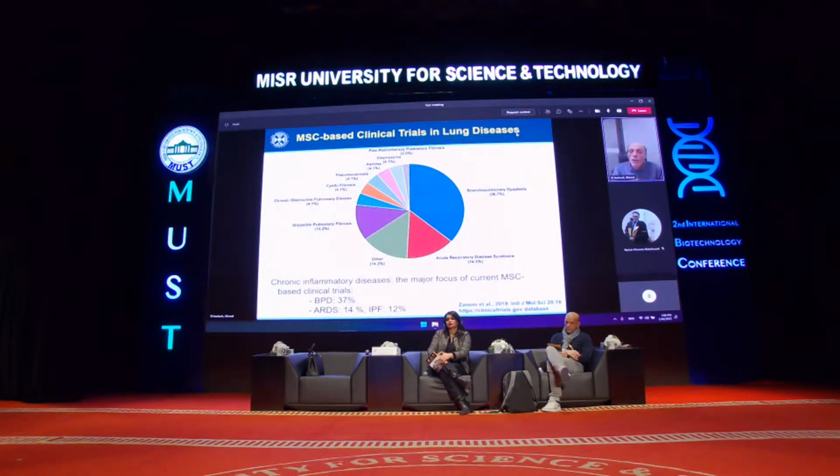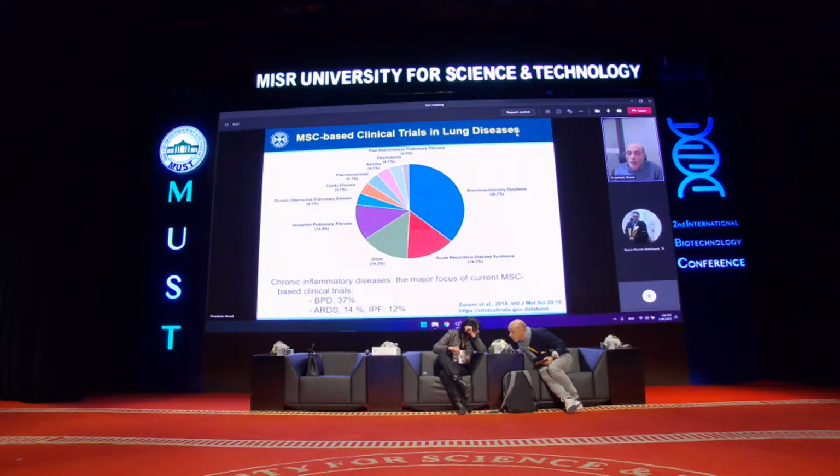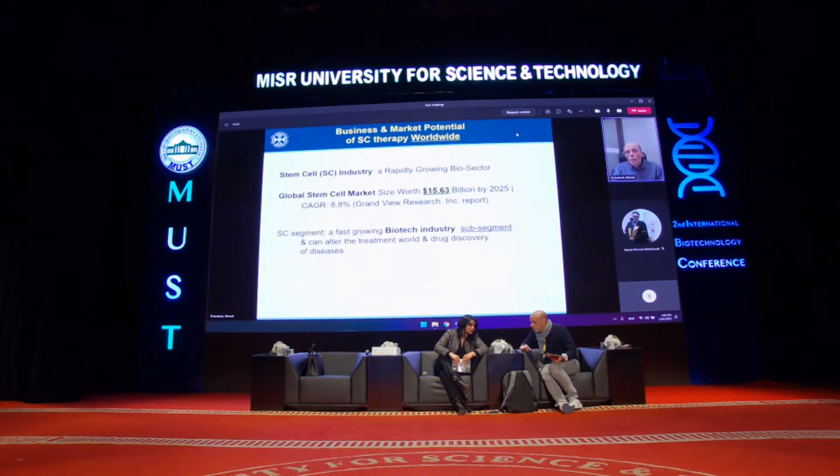And here is a chart example of how we can use these mesenchymal stem cells for the treatment of one system, like the respiratory system. We are using these mesenchymal stem cells for clinical trials in COPD and another disease called RDS, in IPF, and many diseases. So it is really a highly productive area and fast growing area of research.